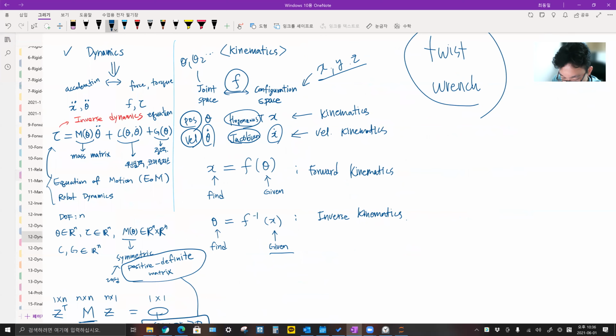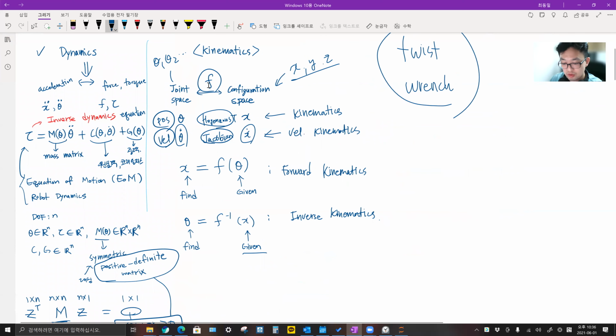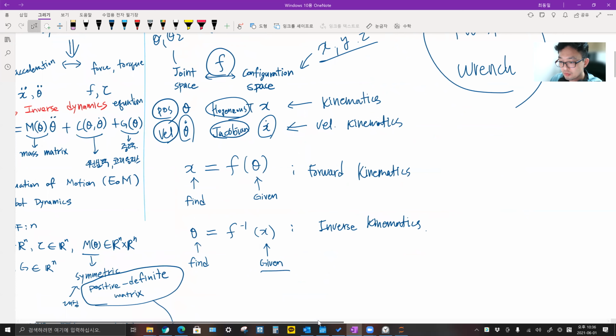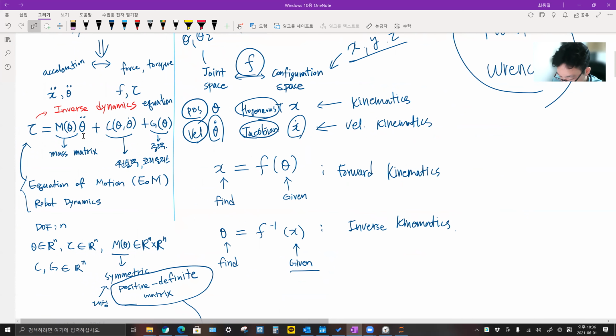Torque equals the mass matrix multiplying theta double dot, plus this C term, where C is about centrifugal acceleration, centripetal acceleration, and Coriolis. And this G term is about gravity.